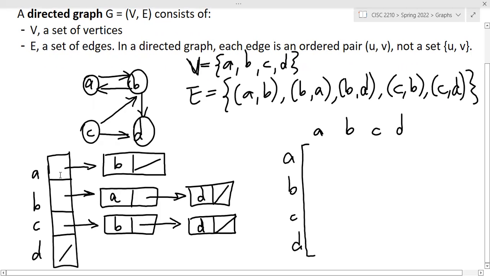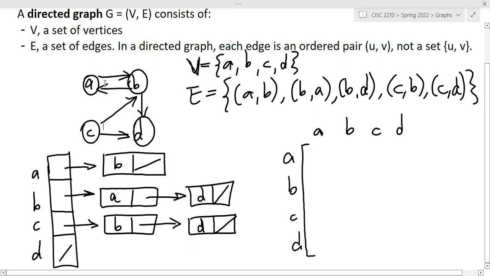For the adjacency list, A has an edge going from A to B, so we put B here, and that's it. Now B has an edge going to A, so we put A here. And also B has an edge going to D, so we put D here. There is an edge from C to B, but that's not starting from B. We're only including things that B points to.